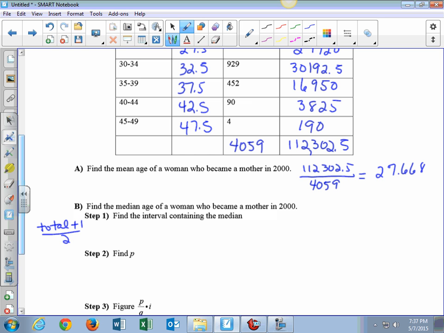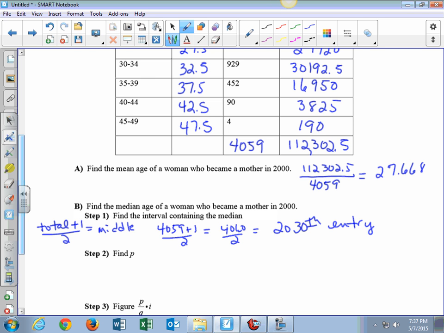That will be the middle of everything, which is my median. So I'm going to take my 4,059, add 1 to that, and divide by 2. And so that means I'm going to get 4,060 divided by 2, which is my 2,030th term, is my median, right in the middle.